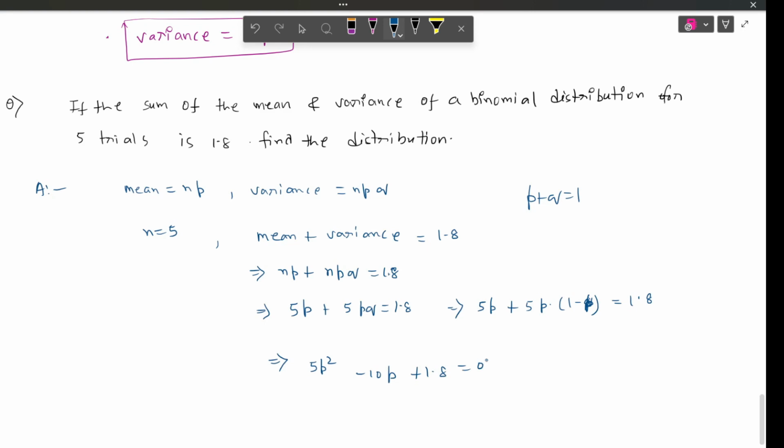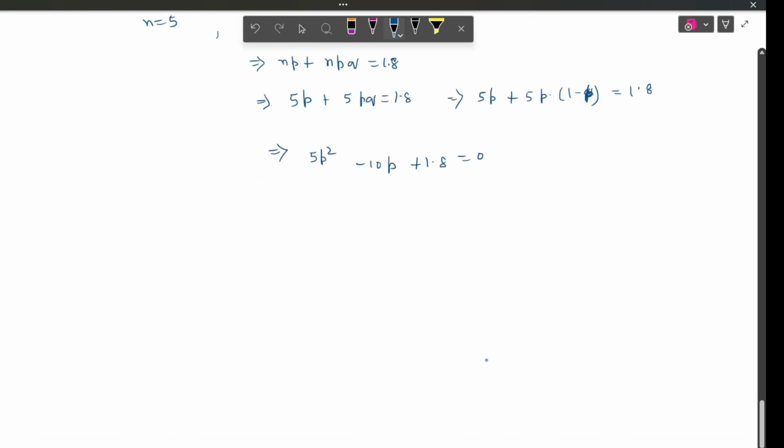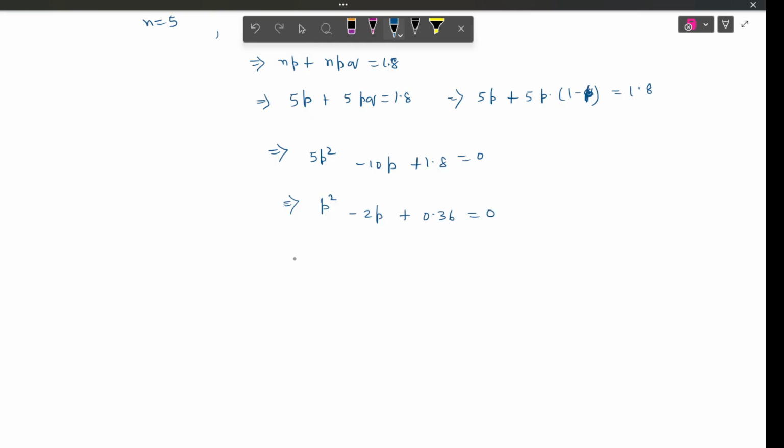That should be 0. Okay. Now if we take 5 common from this, it would be p square minus 2p plus 0.36. This should be 0.